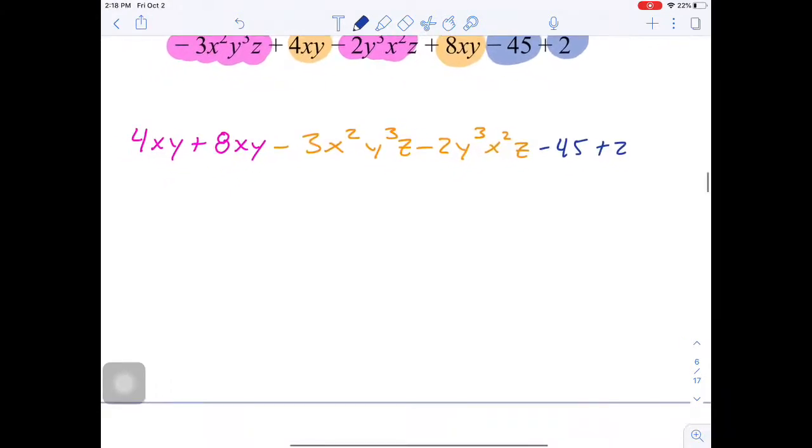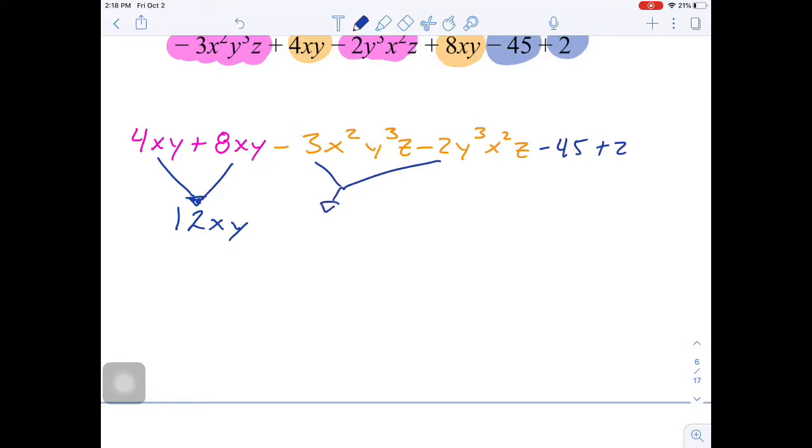So we can combine these. What does it mean by combine? Well, if you have like terms or like variables, you can simply just add their coefficients. So 4 plus 8, which gives me 12xy. So this turns into 12xy. Then we can focus over here. Negative 3 minus 2.